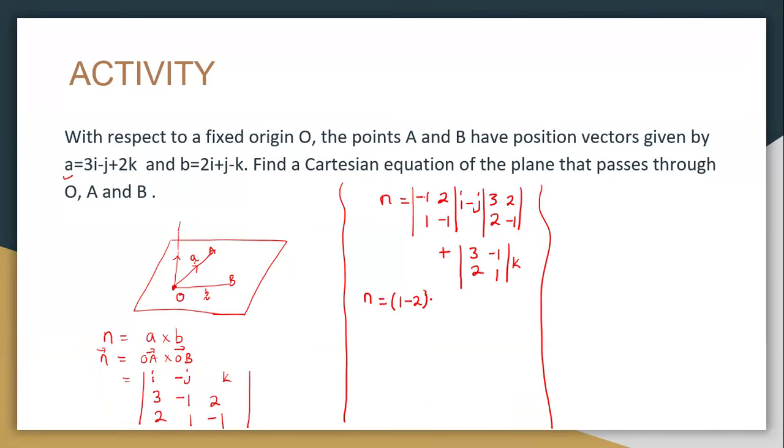You're giving us the final one. Okay, it is okay, -1. Then in the j, we have 3 times -1, which is -3, minus 4, which is -7.